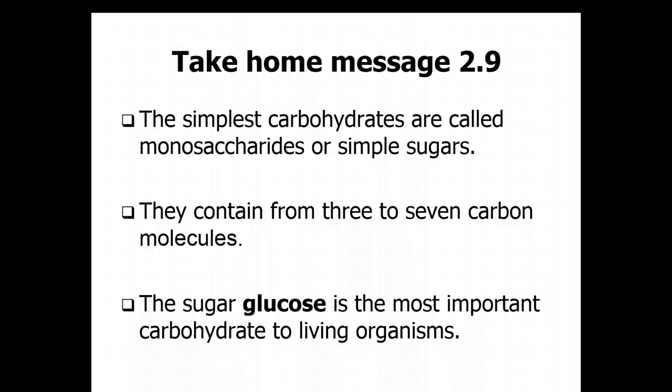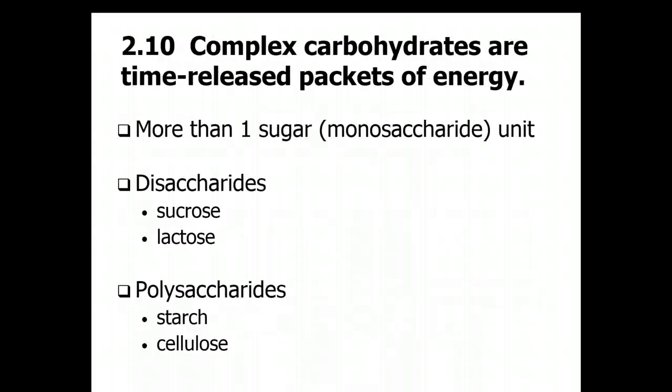The simplest carbohydrates are called monosaccharides, or simple sugars. They contain from 3 to 7 carbon atoms, and the sugar glucose is the most important carbohydrate to living organisms, which makes sense. Complex carbohydrates are time-release packets of energy. They have more than one sugar, or monosaccharide unit: mono, one; saccharide, sugar.